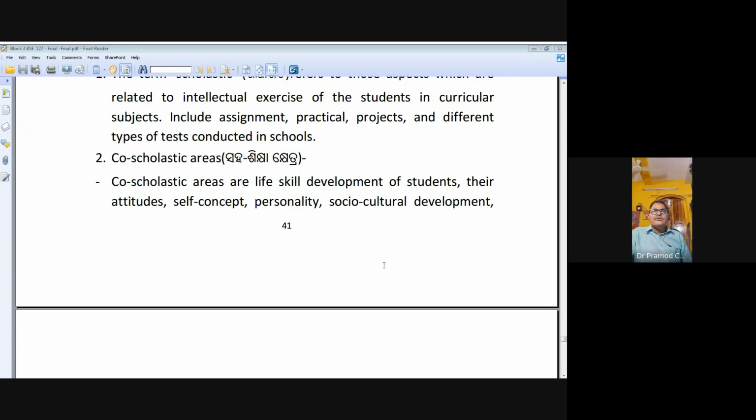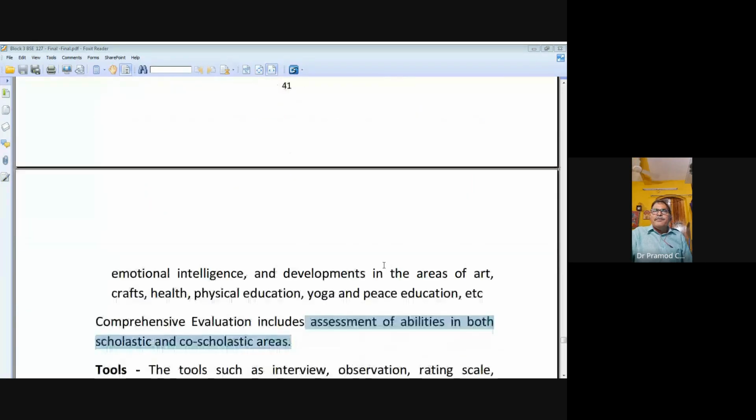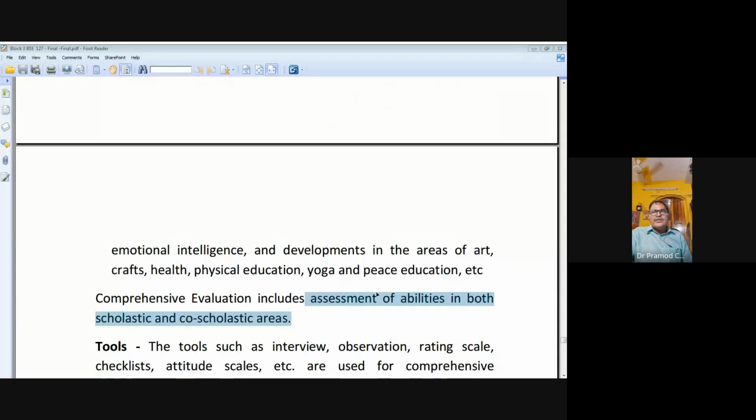He has the attitude, he has the self-concept, he has the personality, socio-cultural development is going on, he has the emotional intelligence. All these things should be developed. How? In the field of art, in the field of craft, health, physical education, yoga, peace education, etc.